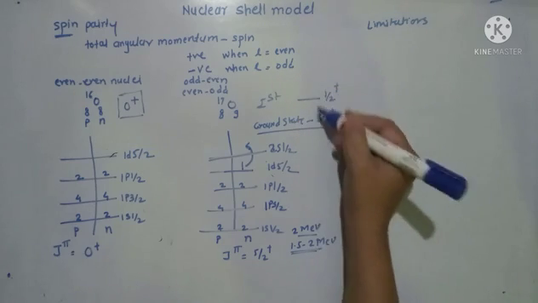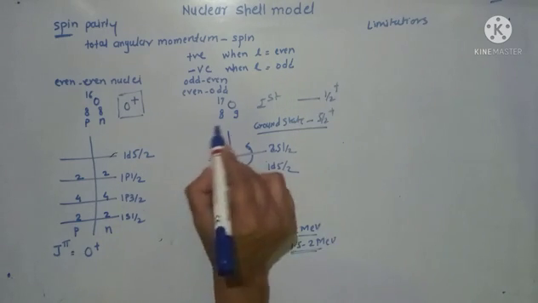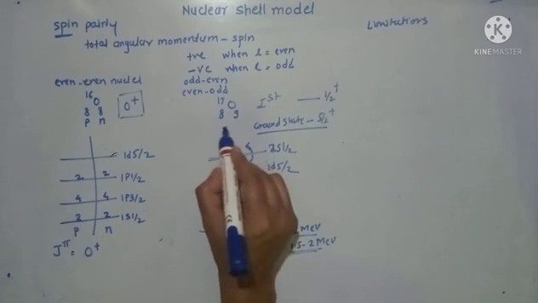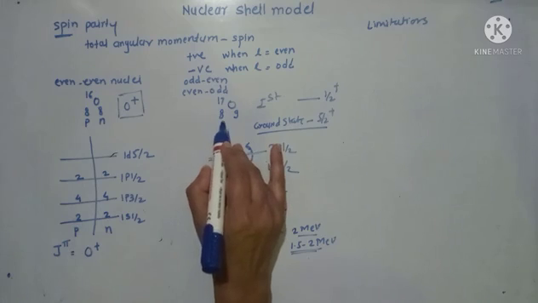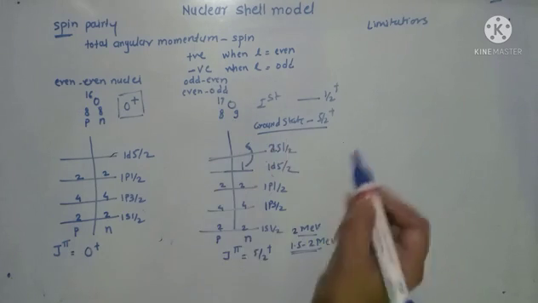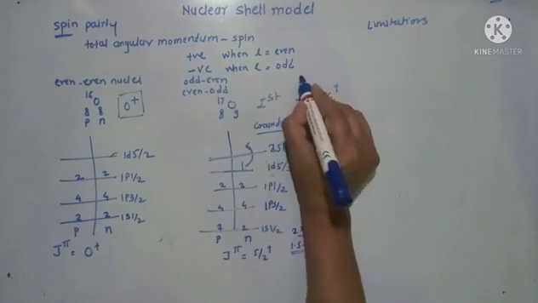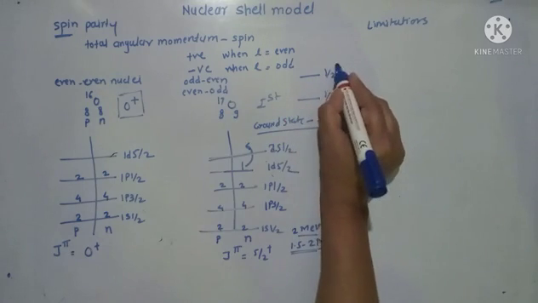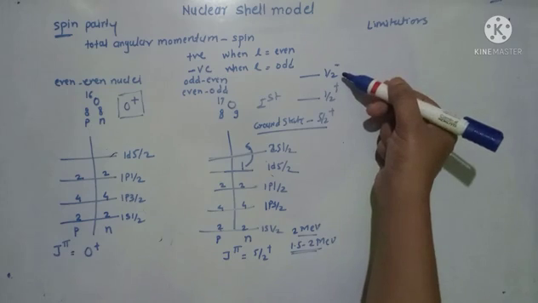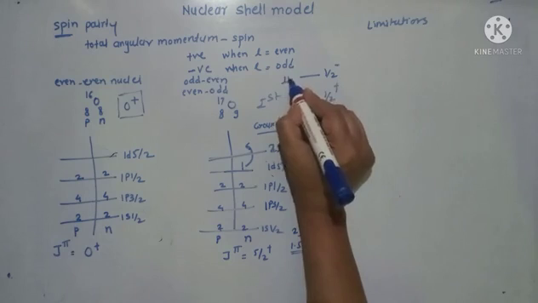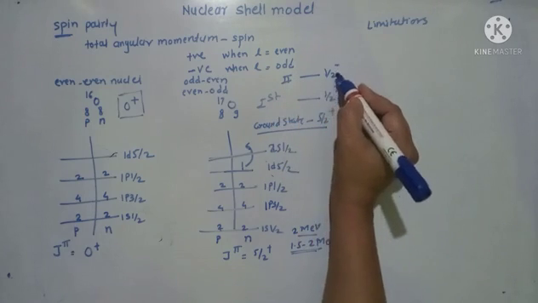For the same nucleus, 8O17, the second excited state observed was 1/2 minus. The nuclear shell model says that the second excited state spin parity is 1/2 minus.